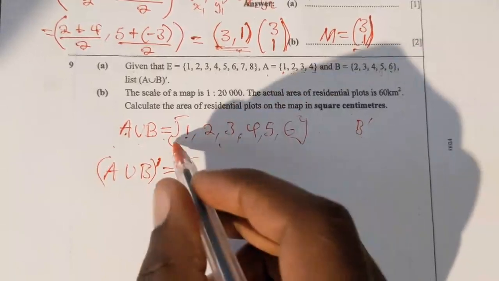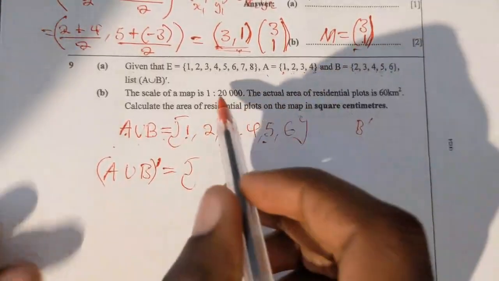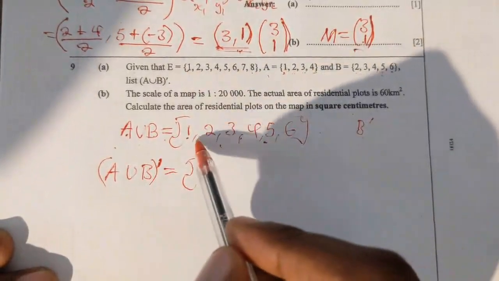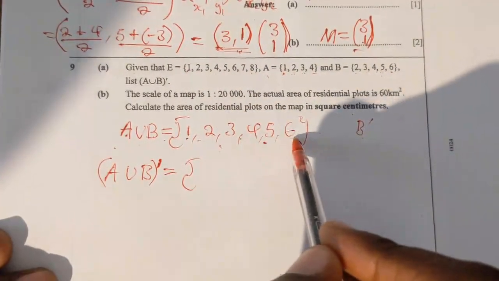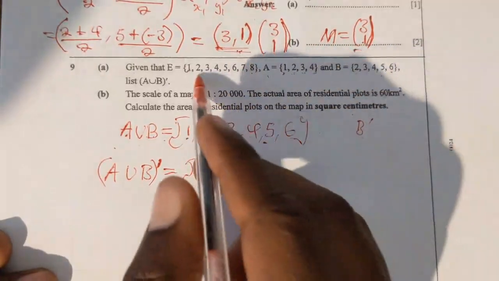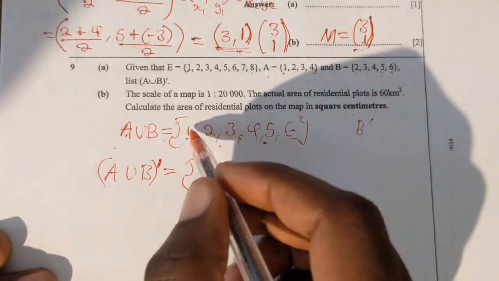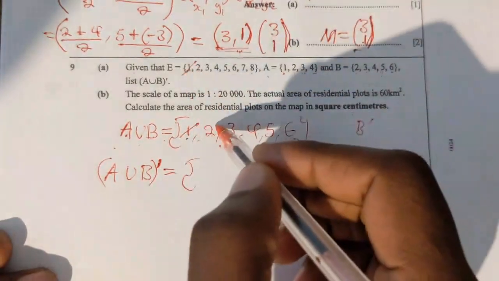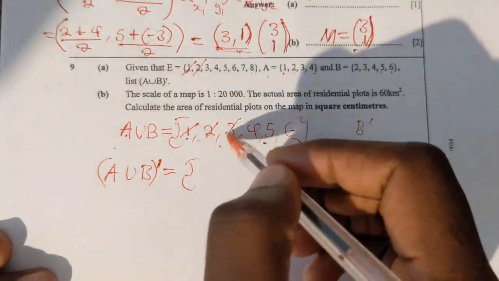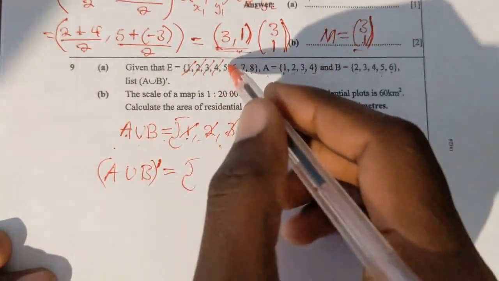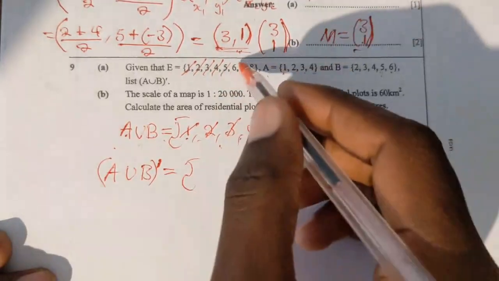So this is what we are going to do. We are going to compare this set and the universal set. The universal set is from 1 to 8, and this is from 1 to 6. We are going to cancel the numbers that are common in both sets. We cancel 1, 2, 3, 4, 5, and 6.